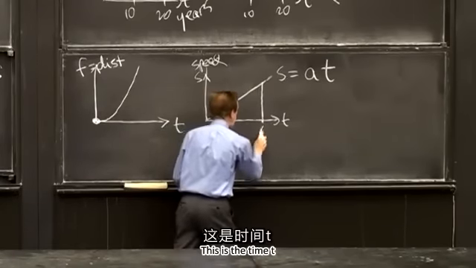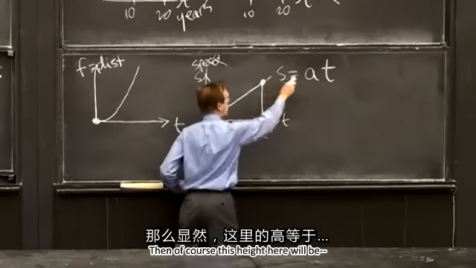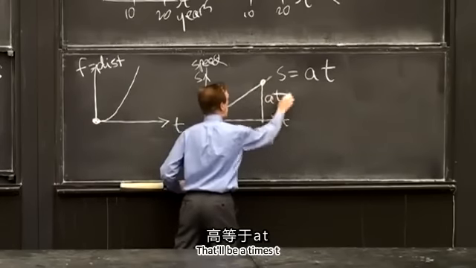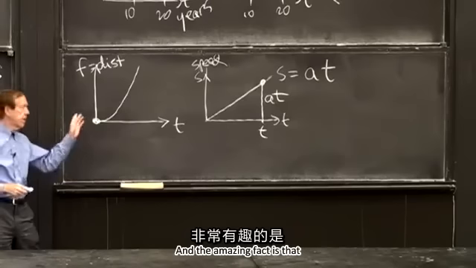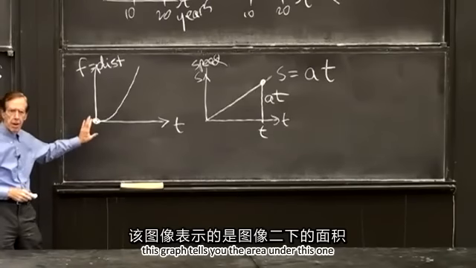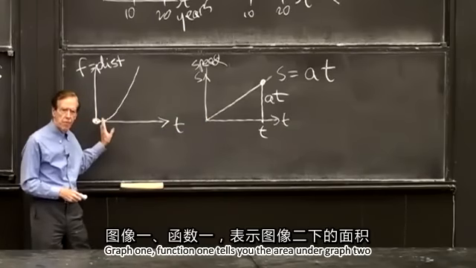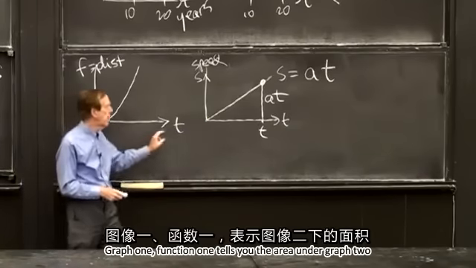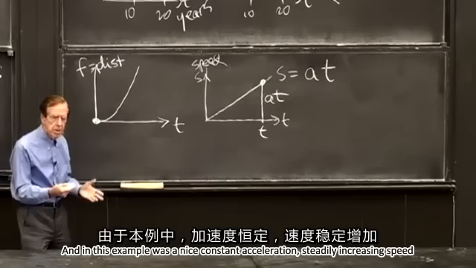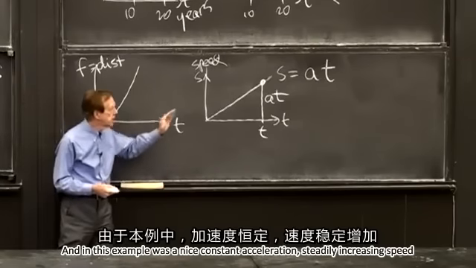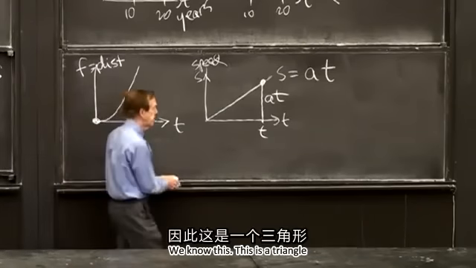That if this is the time t, then of course this height here will be a times t. And the amazing fact is that this graph tells you the area under this one. Graph 1, function 1, tells you the area under graph 2. And in this example, with a nice constant acceleration, steady increase in speed, we know this is a triangle.